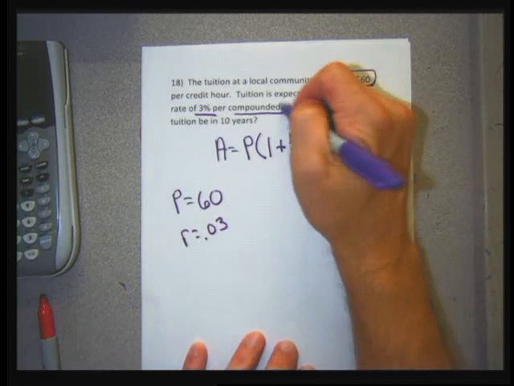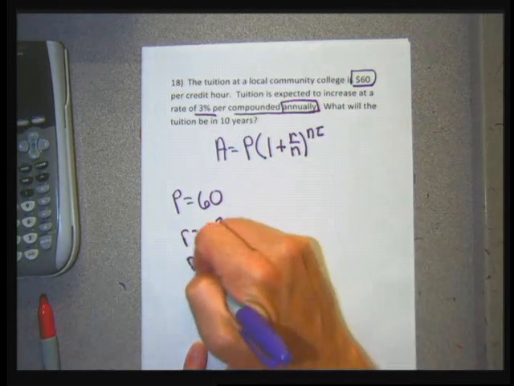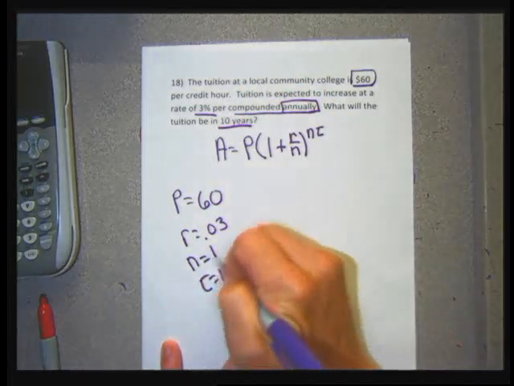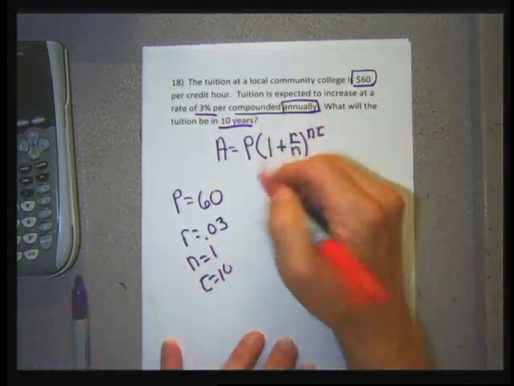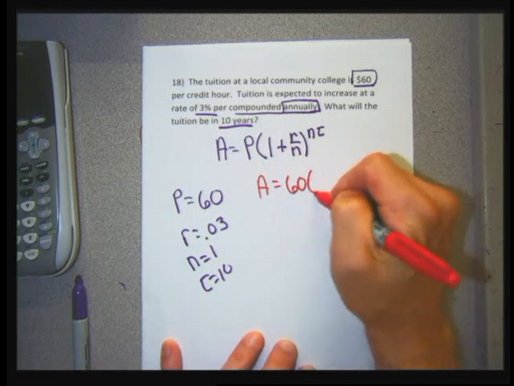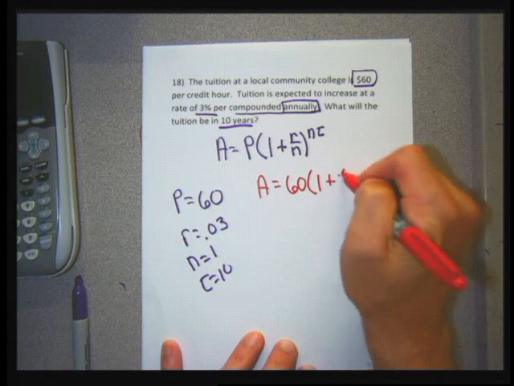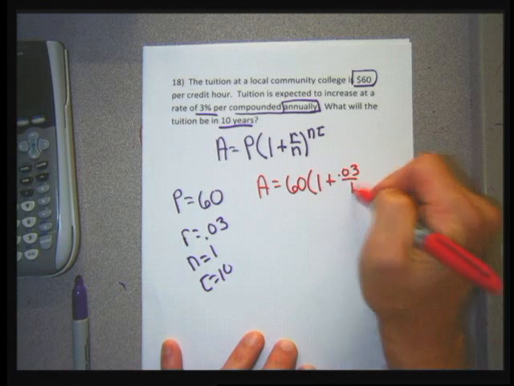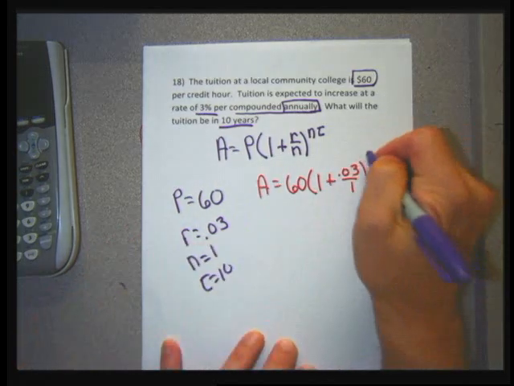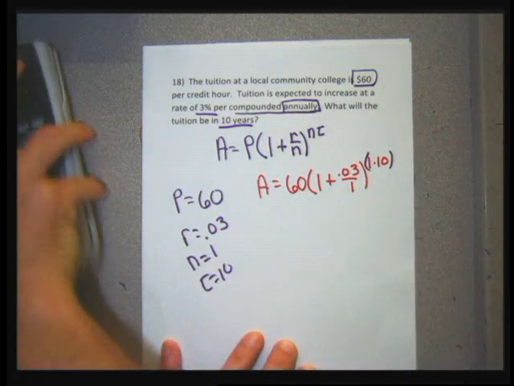Because it says compounded annually, the N is going to be 1, and the number of years is going to be 10. I'm going to take those values and go: the future tuition equals the current tuition, $60, times 1 plus 0.03 over 1, to the 1 times 10 power. Again, I'm going to toss some parentheses around there when I use my calculator.